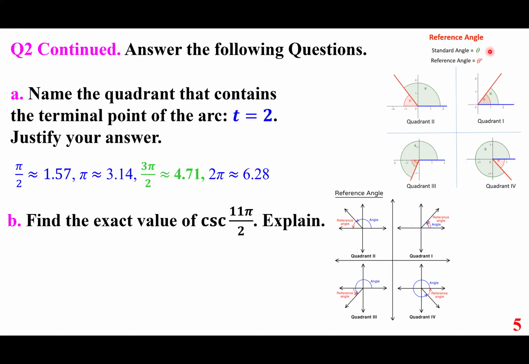Standard angle is theta, reference arc is theta prime, and depending on the text, they may say theta sub r. So theta sub r is another way of saying theta prime or the reference angle.